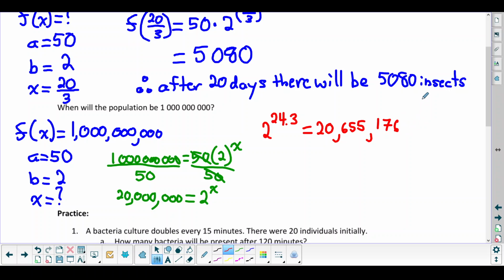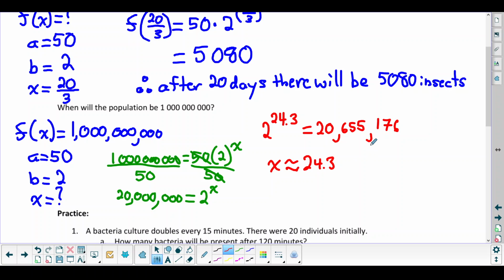Okay, so that's pretty close. You don't need to get dead on. Just getting close is good. So that means that x is approximately, and I'm going to do some squiggly equal signs to show an approximation, 24.3.